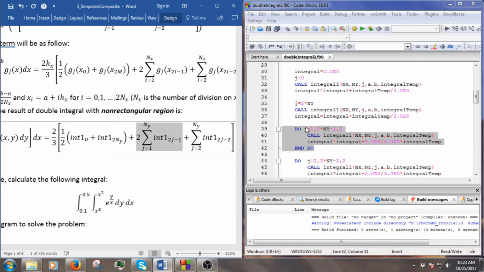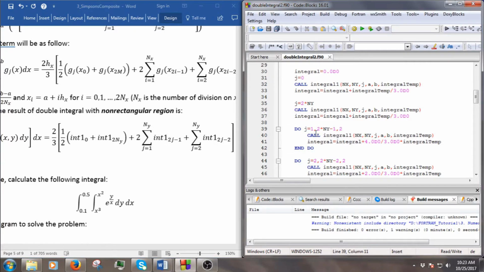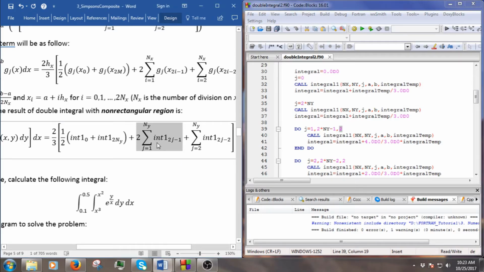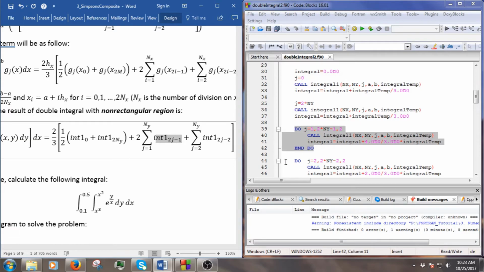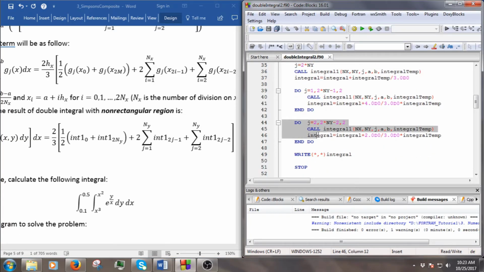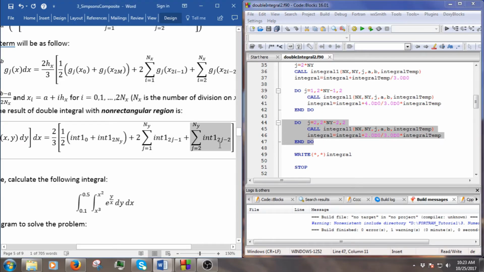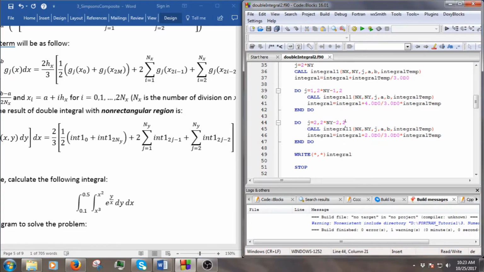As you can see, we start from j equals 1 to 2 times n_y minus 1 with a step size of 2, or in a different expression we use 2j minus 1 with j equals 1 to n_y. So basically they have the same meaning, this one and this expression. And the next is here, this part. It computes the last part of the integrals here. It starts from j equals 2 to 2 multiplied with n_y minus 2 with a step size of 2.